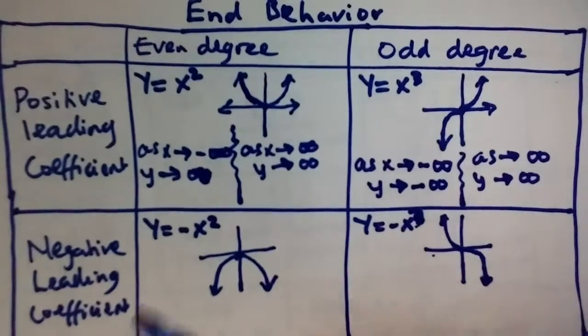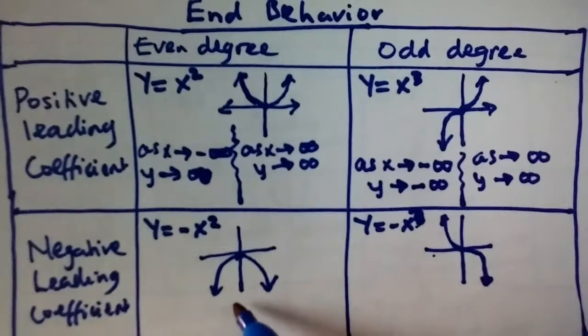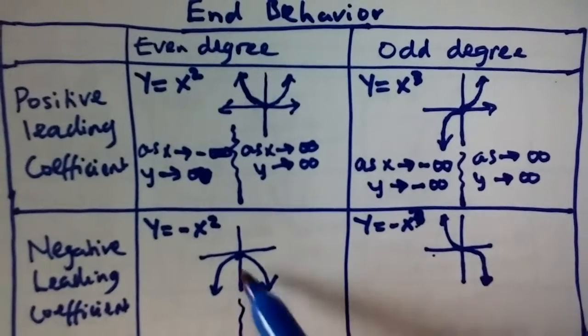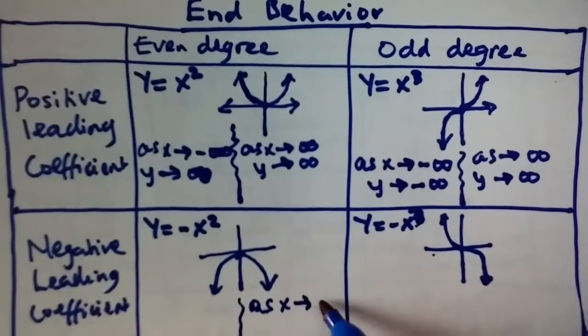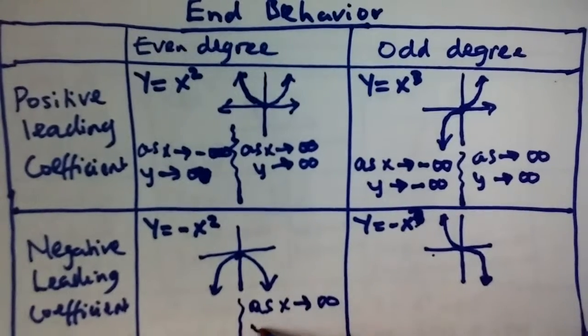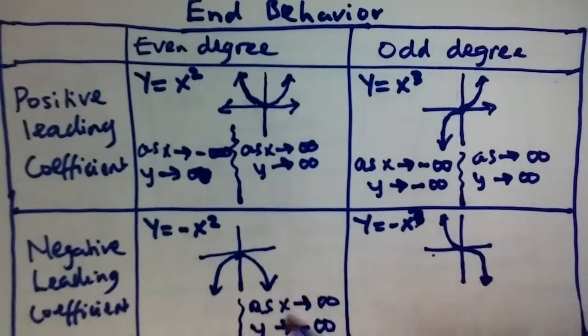Okay, so that's for the positive leading coefficient type of functions. Now, if we go to the negative leading coefficient type of functions, on the right side, we can see as x approaches infinity, y approaches negative infinity. You can see it's growing towards the negative side, negative numbers.